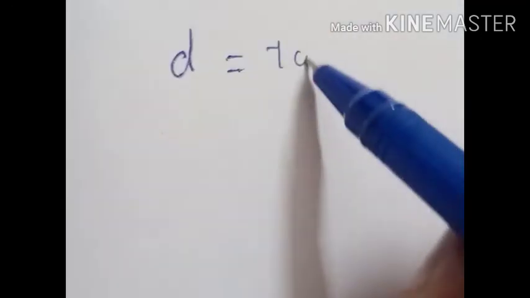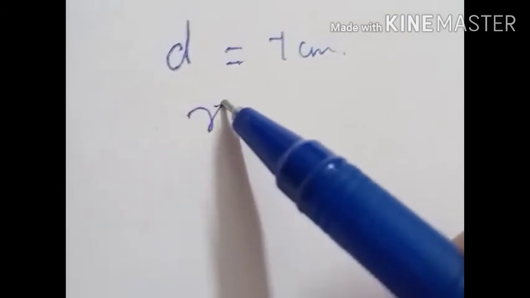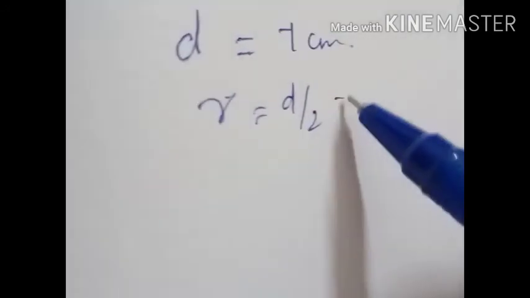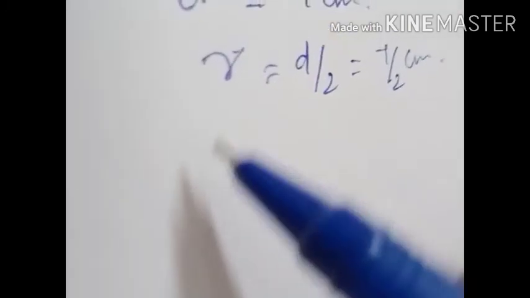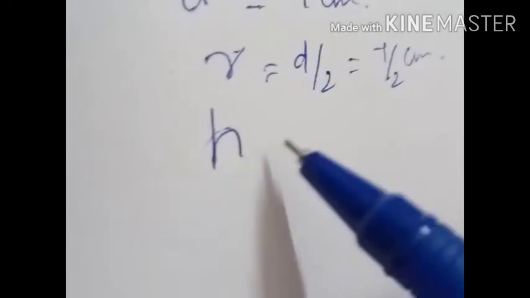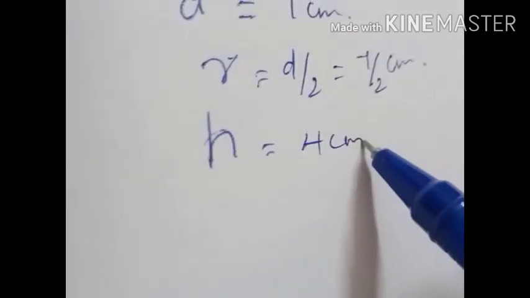Diameter of the cylindrical bowl is given as 7 centimeter. So we should find radius, that is d by 2 equals 7 by 2 centimeter. Then height of the cylindrical bowl h is given as 4 centimeter.